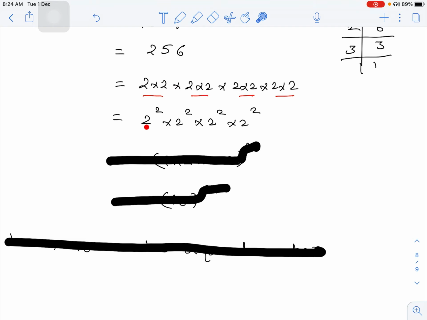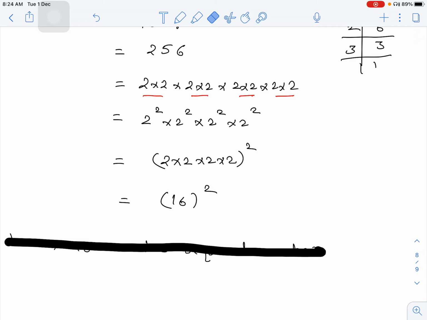This 2 into 2 means 2 raised to 2, this 2 raised to 2, again 2 raised to 2, and this also 2 raised to 2. Each one has the same power, so we can multiply the bases together. So in the next step we get 2 into 2 into 2 into 2, raised to 2. 2 twos are 4, 4 twos are 8, 8 twos are 16. So our final answer is 16 squared.